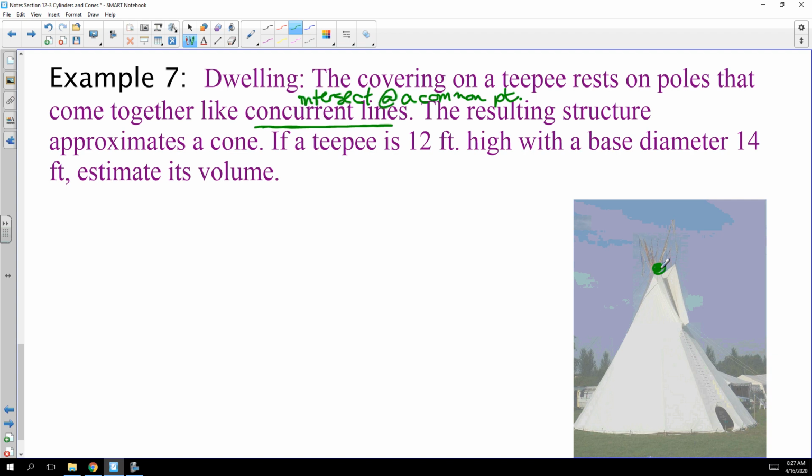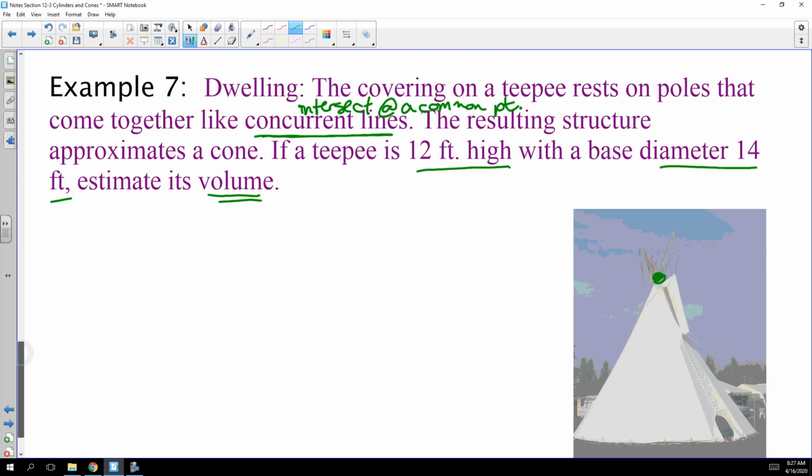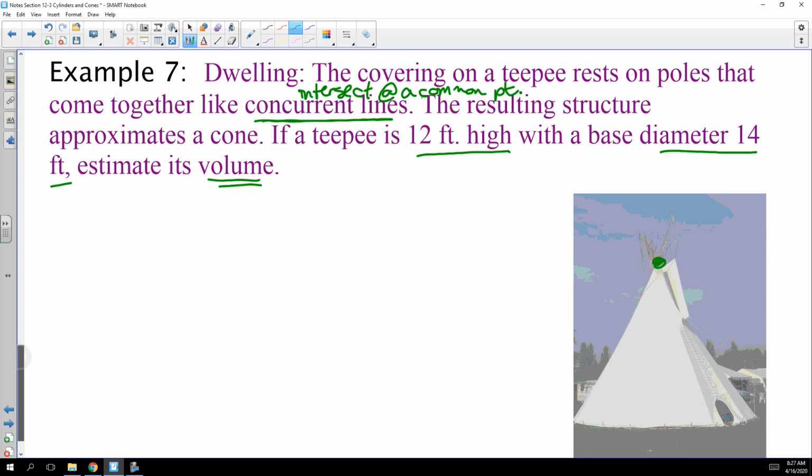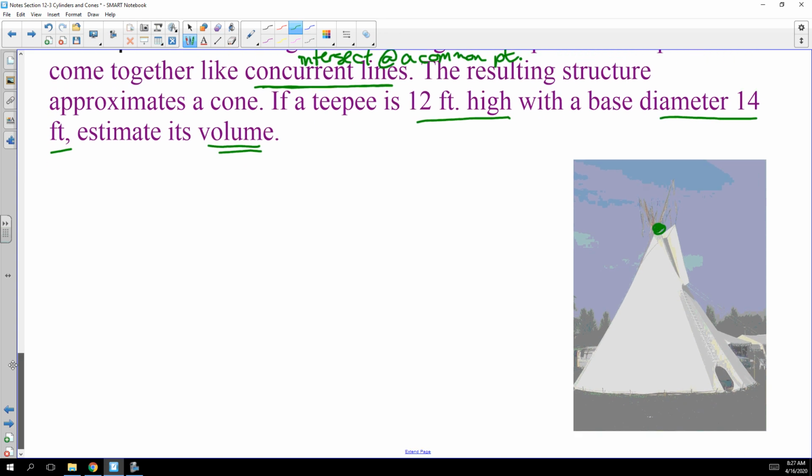The resulting structure approximates a cone if it's 12 feet high with a base diameter of 14 feet. Estimate its volume. Maybe we would be concerned about the amount of smoke that teepee could hold. So in that case we'd be concerned about the volume. Let's see if we can estimate its volume.